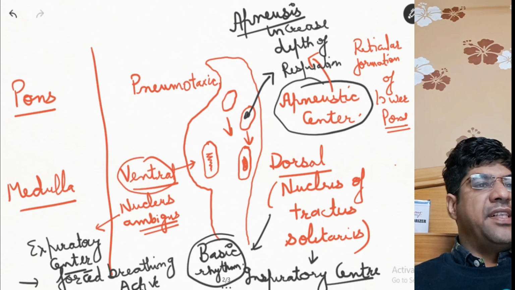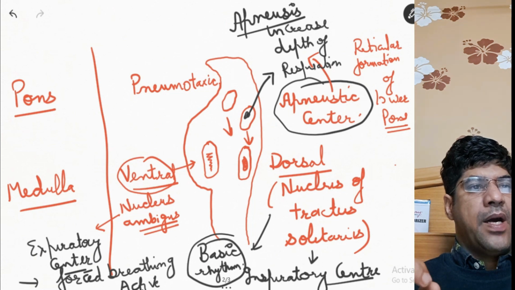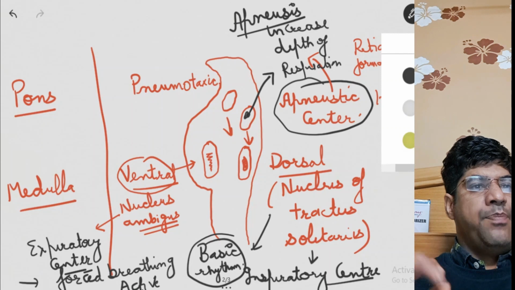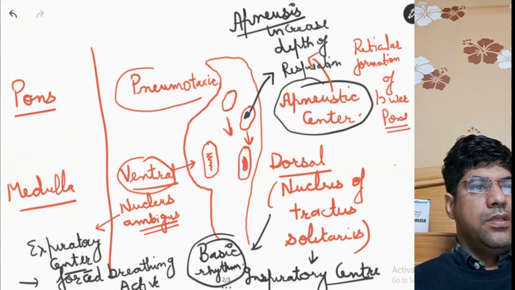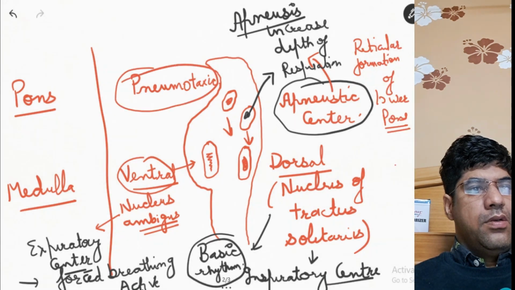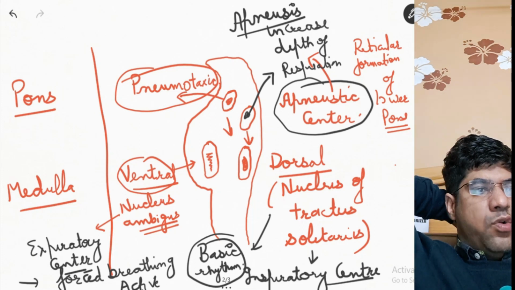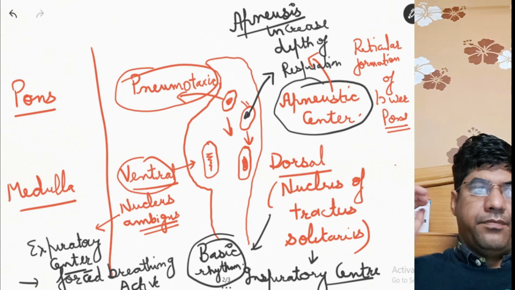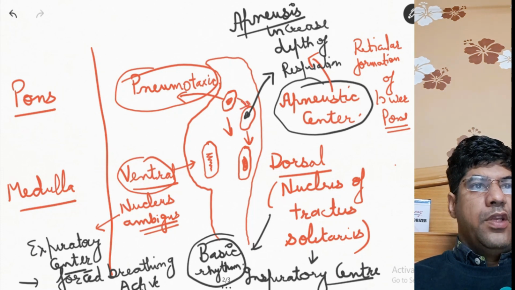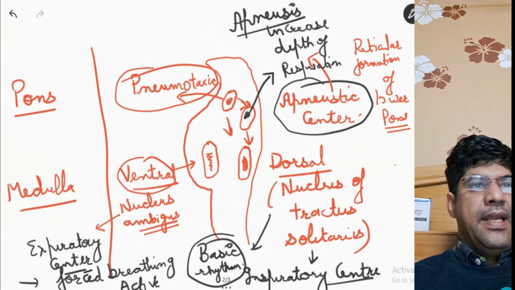The fourth is the pneumotaxic center. It is situated in the dorsolateral part of the reticular formation in the upper pons. What is its function? It controls the medullary respiratory centers, particularly the dorsal group neurons. It acts through the apneustic center.